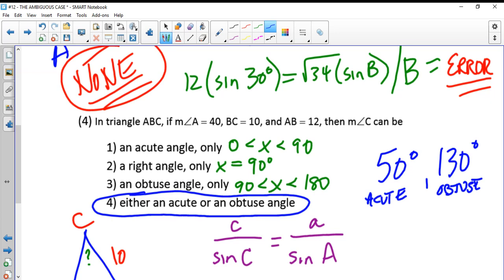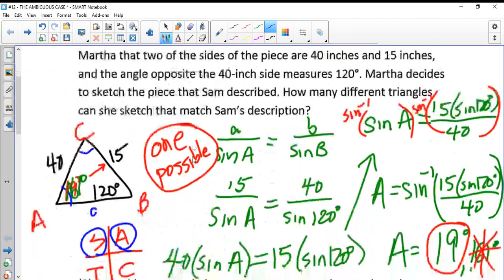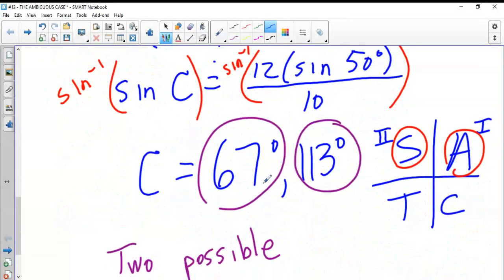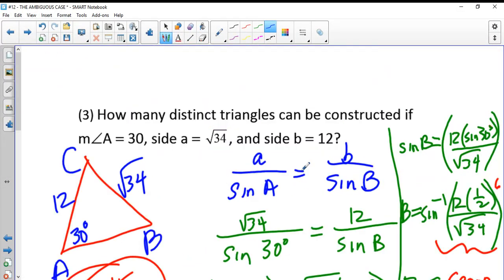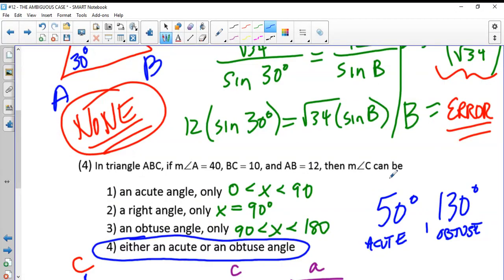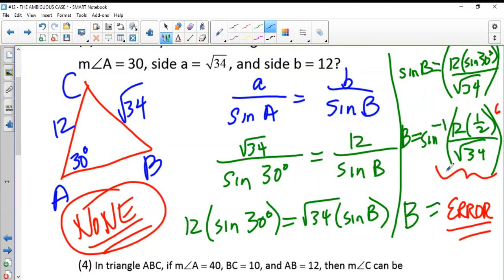How many triangles can you possibly make given any information? Well, you can either have none, which is what we did up here. Or it's possible that you could end up with one triangle, as we showed in the first example. Or it's possible that you could have two triangles, like we had in this example. But there's no way you could have three or more, because there's only ever two possible angle measures you could end up with based on your calculations.